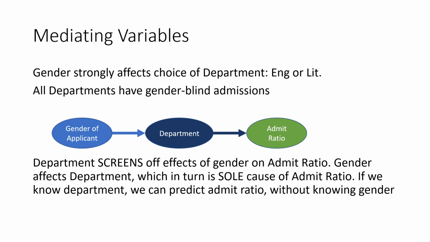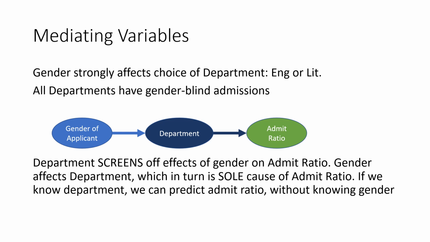Here the gender of the applicant affects the choice of department, and then the department determines the admit ratio. So in this mediating picture, gender causes department and department causes admissions. Department is in the middle of the causal path, and it screens off the effect of gender on admit ratio.